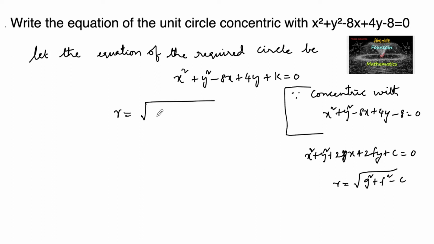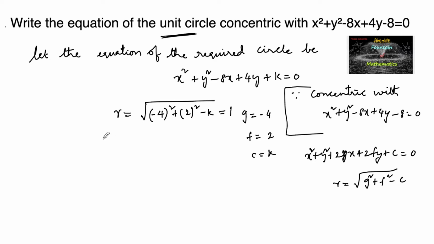So here 2gx, so g is equal to negative 4 and f is equal to 2, so c is equal to the constant, so we can write g square, that is minus 4 whole square, plus f square, that is 2 square, minus k, and our circle is a unit circle, that is radius is 1.